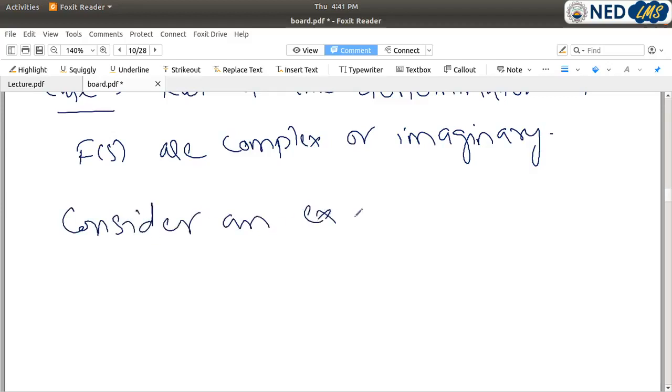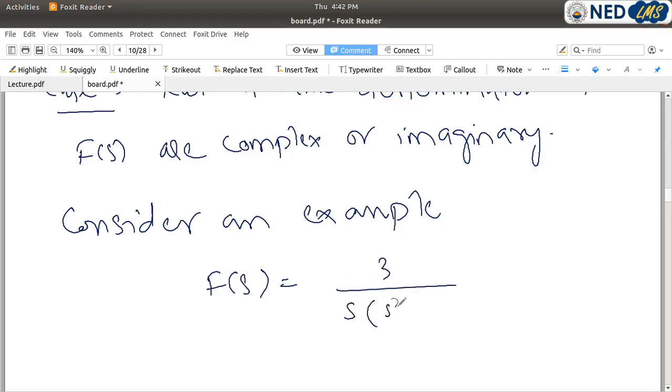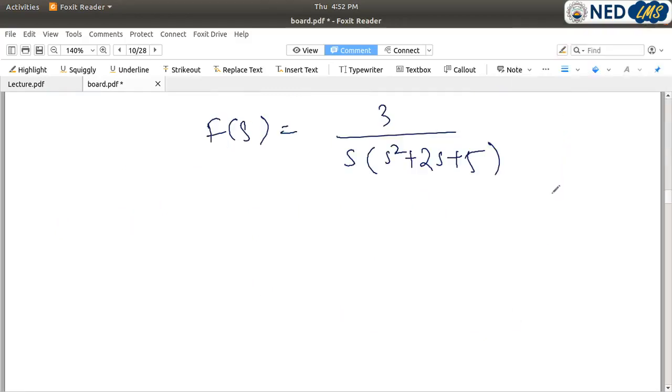F of s is equals to 3 over s into s square plus 2s plus 5. You can find out the roots of this quadratic equation.